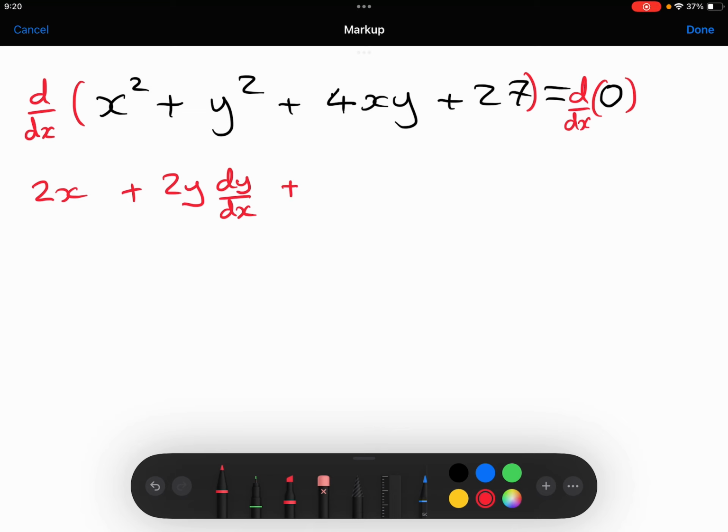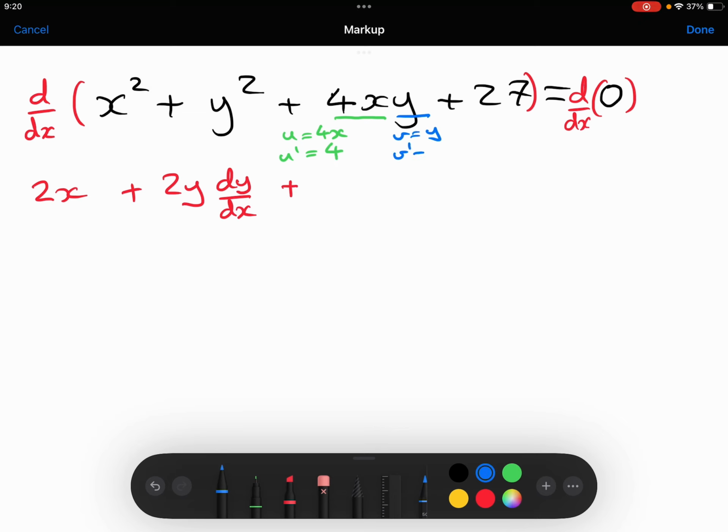Next, we've got this 4xy. Now we need to be very careful with this because this is a product of two functions. We've got the 4x and we've got the y. So we need to use the product rule to differentiate this. So if I say that u is 4x, and I'll say that v is the y. So differentiating the 4x, I get 4.